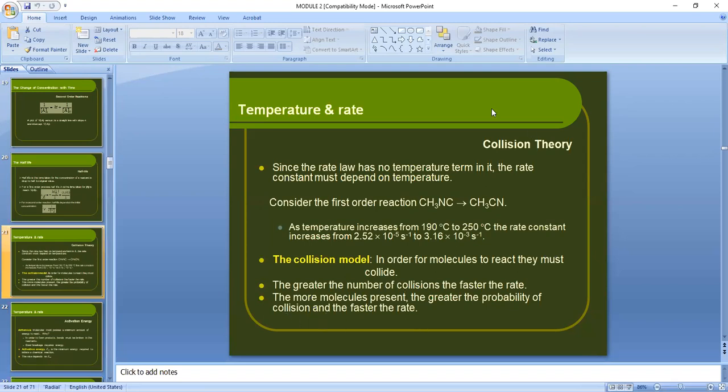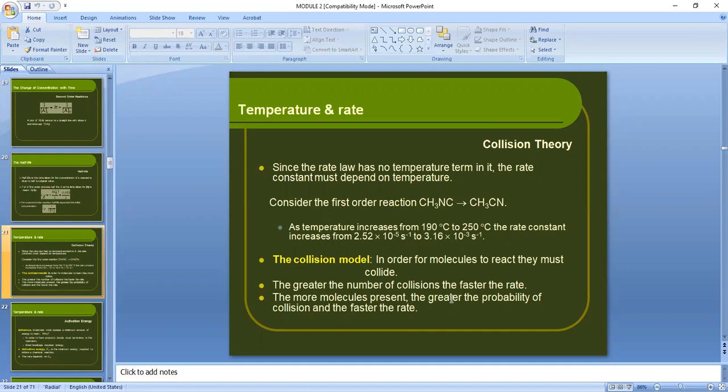I'd like to go back to this one. Where do you apply this collision theory, by the way? In what particular system is this applicable? Is it applicable to gaseous systems, to liquid systems, to solid-gas systems?